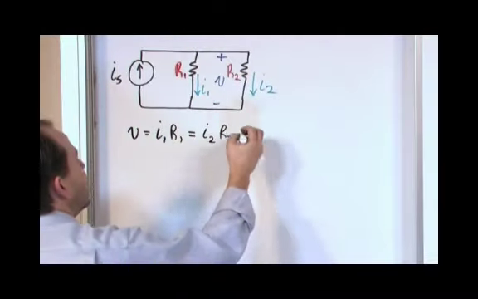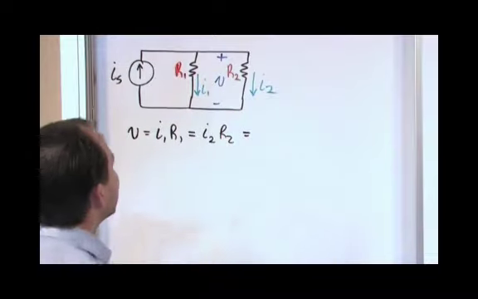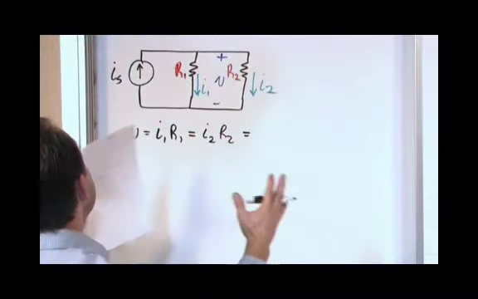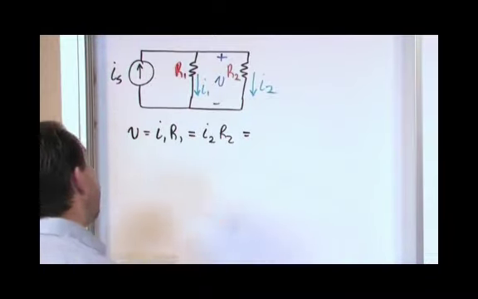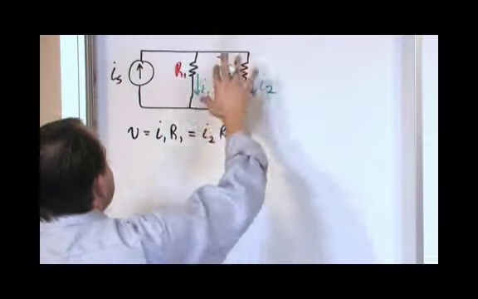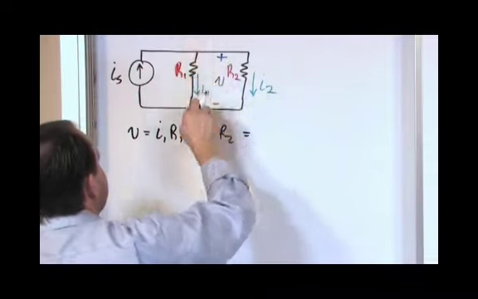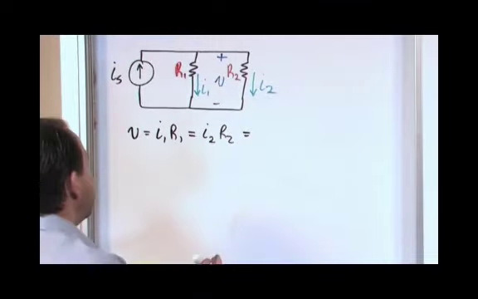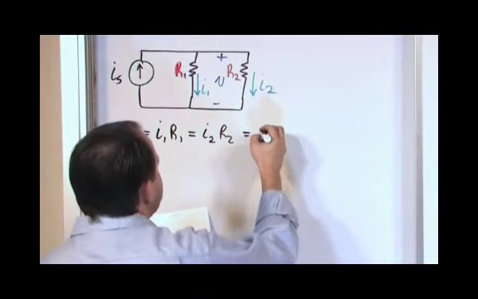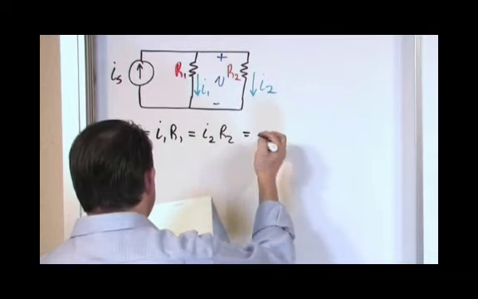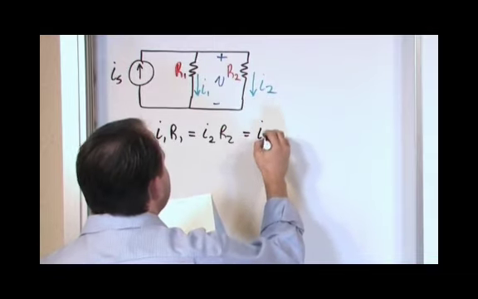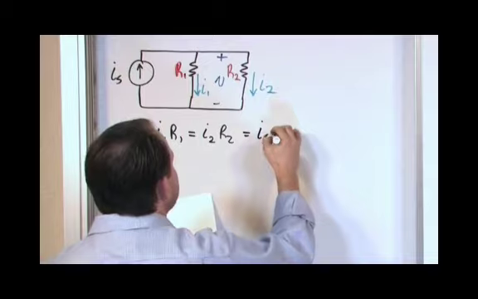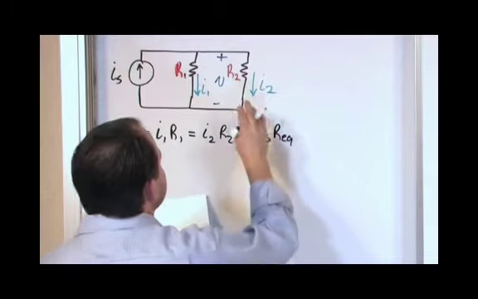But also note that these two are in parallel. We already learned how to combine 2 resistors in parallel. If we make an equivalent resistance here, the voltage across that equivalent resistance would be the same V as what we have here. So it would be I sub S times the equivalent resistance of these 2 resistors.